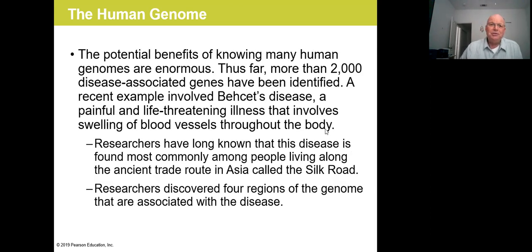We can also use genetic information to trace the origin of genetic diseases. So we've talked about a couple of these in other presentations. So I talked to you a little bit about the origin of cystic fibrosis as a response to the presence of cholera.